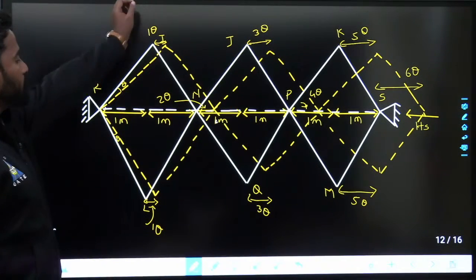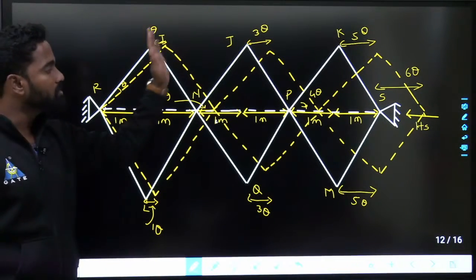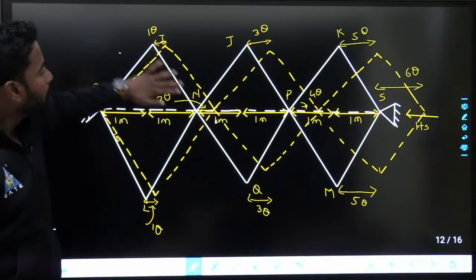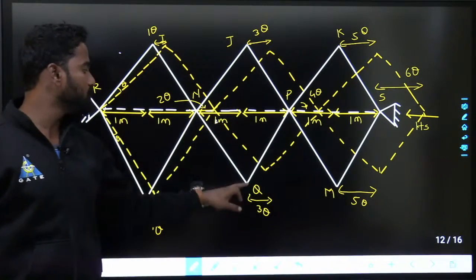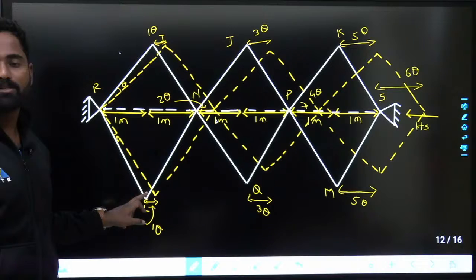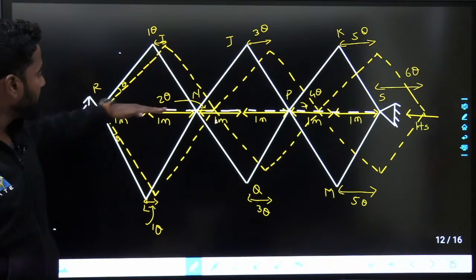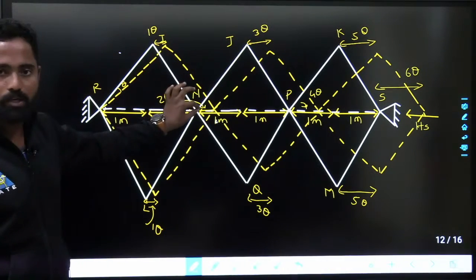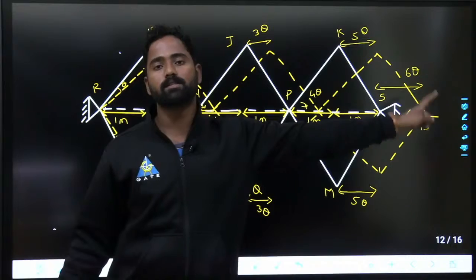At each and every point, they have not given us the vertical distance, but if you see symmetrically with respect to this line, all the points are at equal distance. From this point, this point is at 1 meter, this point is at 2 meters. So here it is 1 theta, 2 theta, 3 theta, 4 theta, 5 theta, 6 theta.